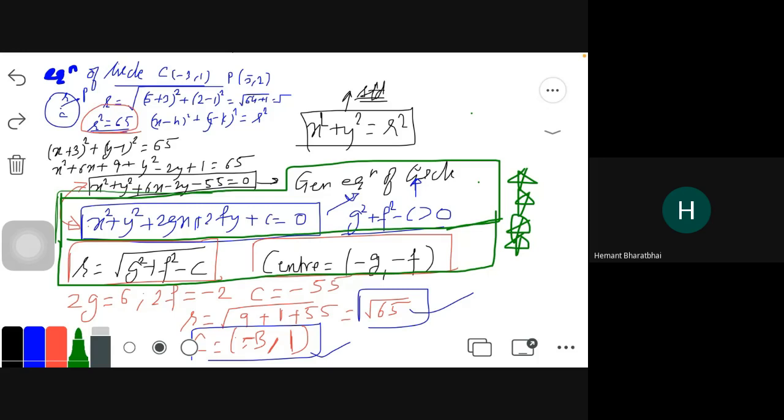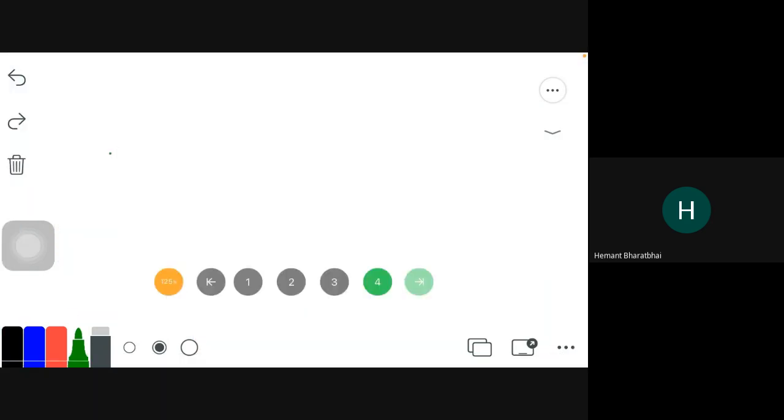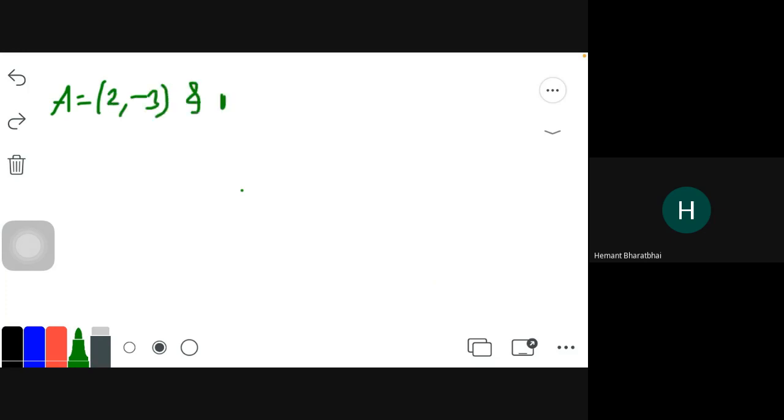Let's see some other kind of numericals, so we'll understand how to find out. We have to find out the equation of the circle with A equal to 2 comma minus 3 and B equal to minus 3 comma 5 as the diameter of the circle.